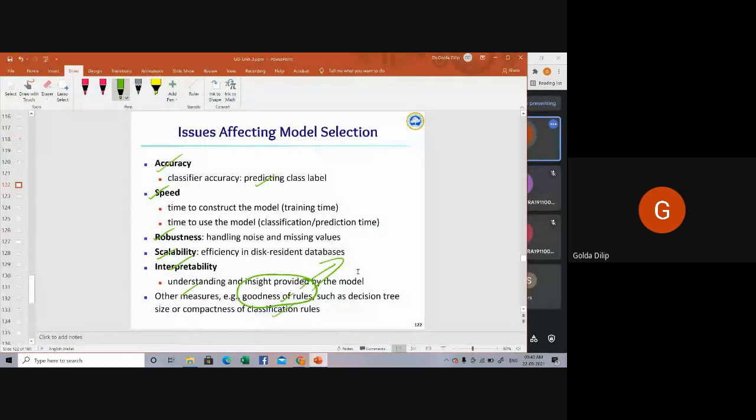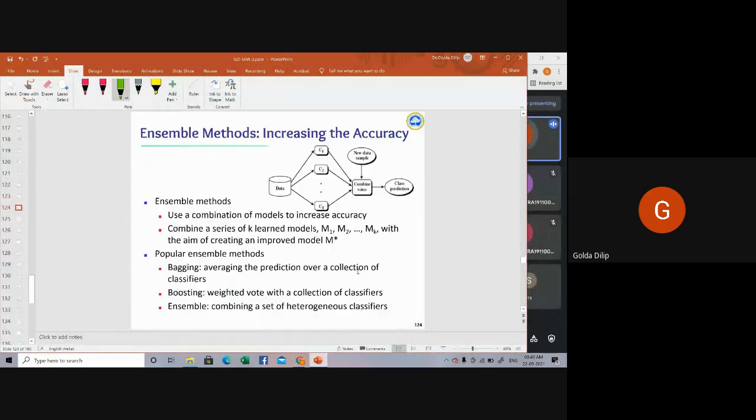Okay, so next is what are all the techniques involved in improving the classification accuracy. We have this technique called ensemble based technique. You can see here, it uses a combination of models to increase the accuracy.